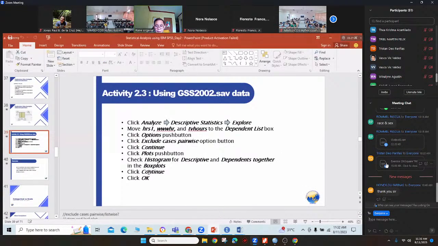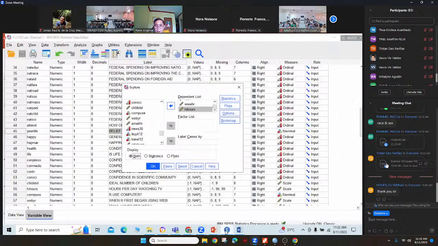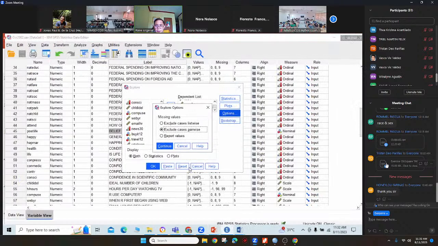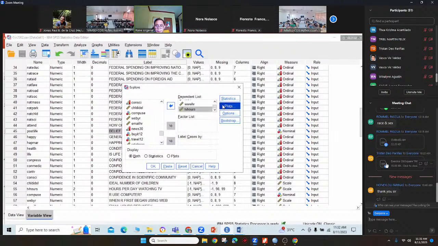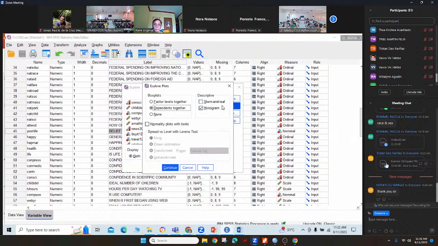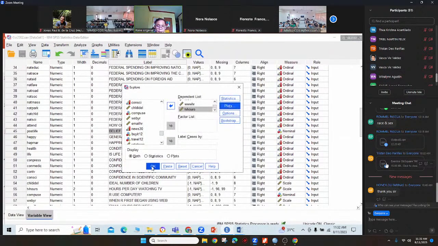Yeah, it's right there, in the box plot. Okay. Continue and then okay.